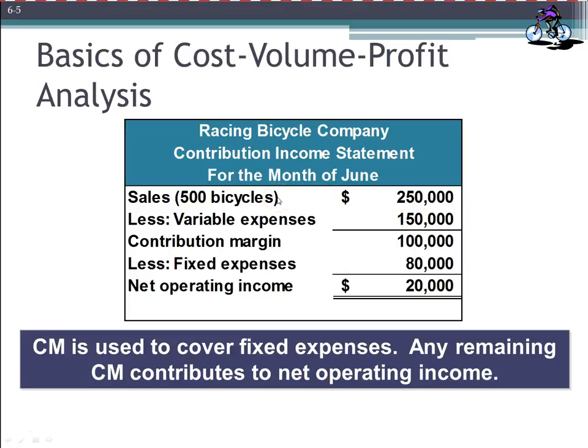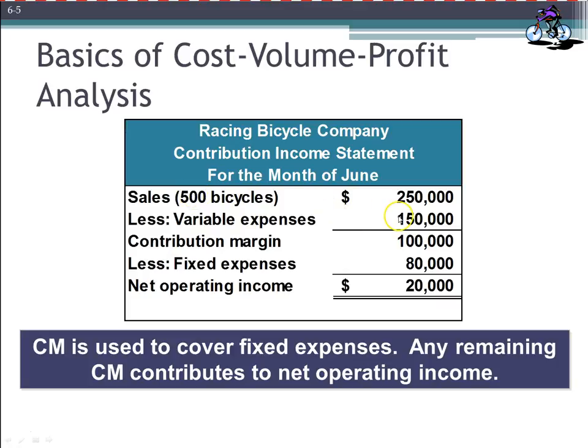And that's one thing that I really want you all to focus on, and many of you will get tripped up and this will be a frustration block, so please focus here. Variable expenses, remember, the total variable expenses, as we learned in last chapter, vary based upon the volume. And when we're working with the contribution format income statement, we're talking about the volume of bicycles or whatever it is that we're selling, the volume of merchandise sold.